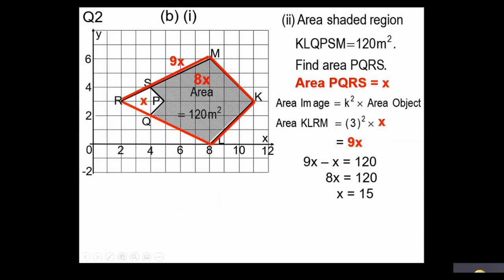That is why I show you different types of questions so that you are prepared before the SPM next year. So we get 15, and don't forget the unit, here meter square. If the previous question gives you unit square, then you follow unit square. If they give you meter square, you follow meter square.